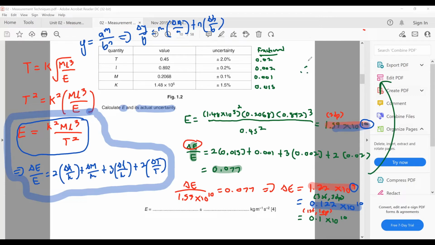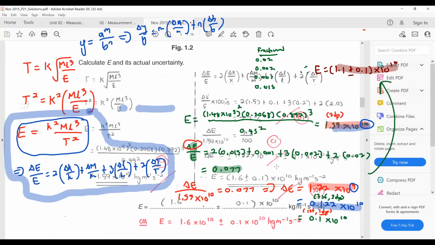Therefore, E is equal to 1.1 plus minus 0.1 times 10 power 10. This would be the correct final answer.